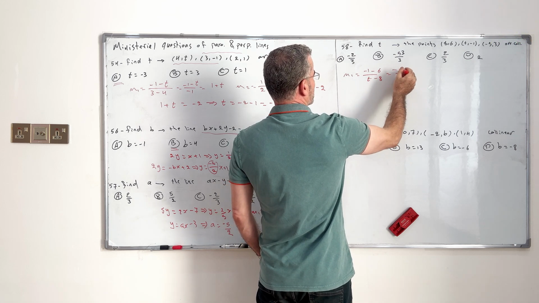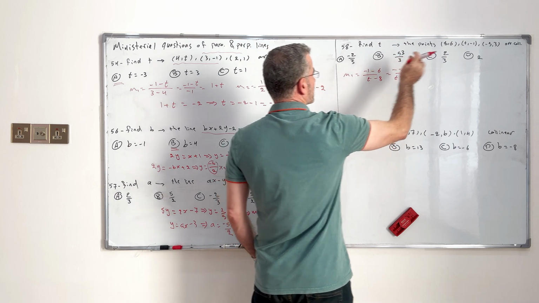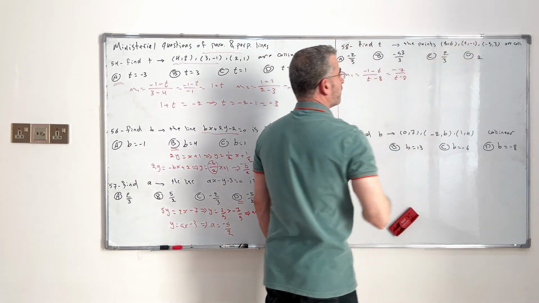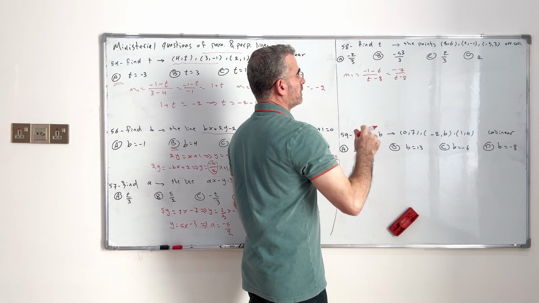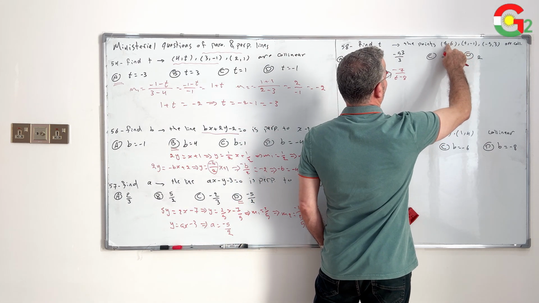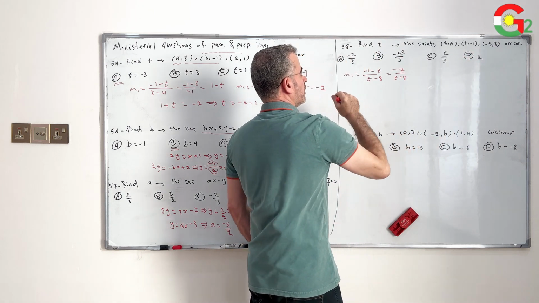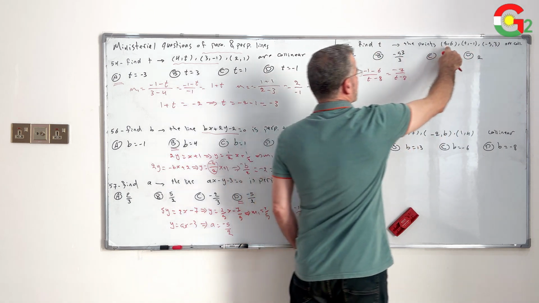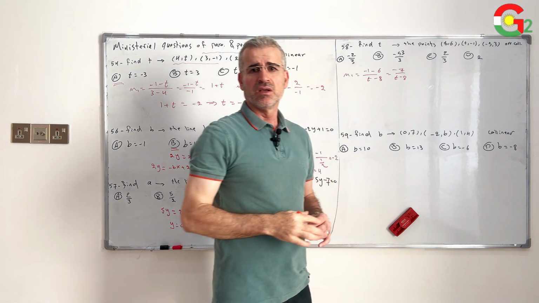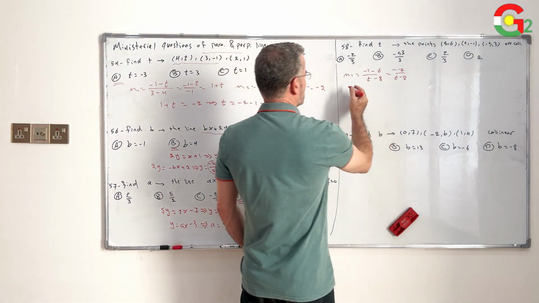Then -7 over t minus 8 is the slope of the first line passing through the first 2 points. Find the slope of the line passing through the first and the last point. I choose the first and the last point since they don't contain t. It is easier.